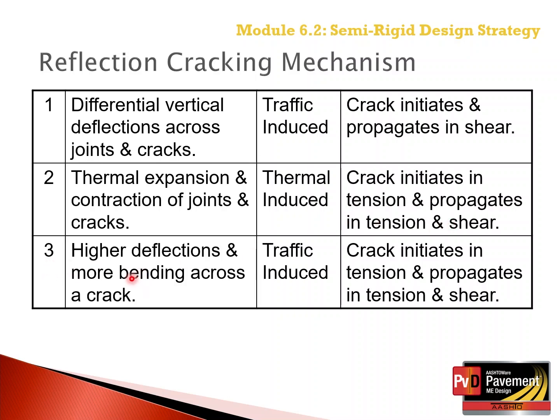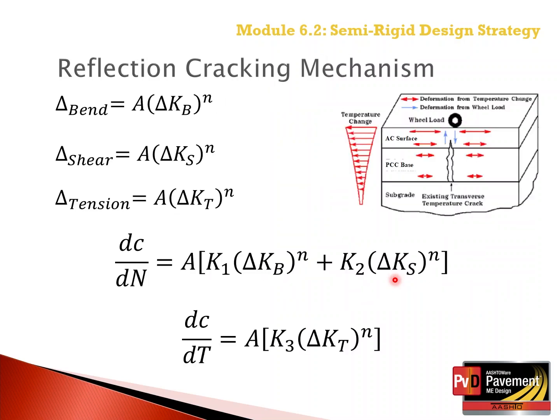The third mode is higher deflections across the crack, which results in more bending across the crack. These are traffic induced, where the crack initiates in tension, but can propagate in tension and shear across the crack or through the asphalt surface.